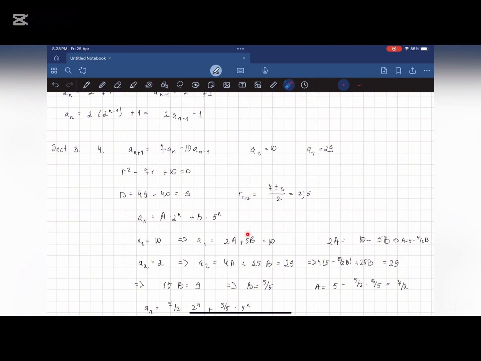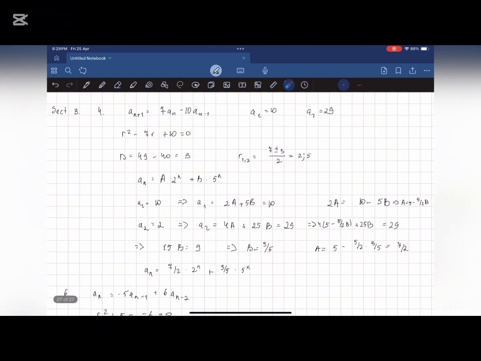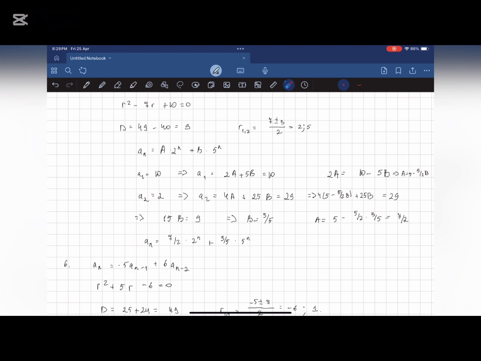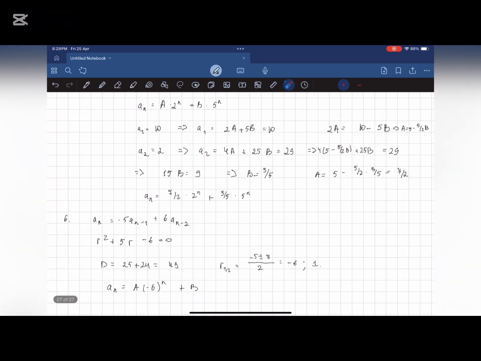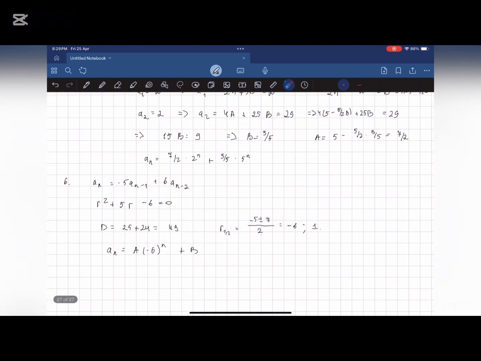With the help of this equation, we can find that a equals 5 minus 5 over 2 multiplied by b, and by using a2 we can find that a2 equals this equation, and we just replace a by this formula, and then we can find b, and of course by using b we can find a. It's 7 over 2 and b is 3 over 5, and then we just put it into this formula, and this is our final answer.